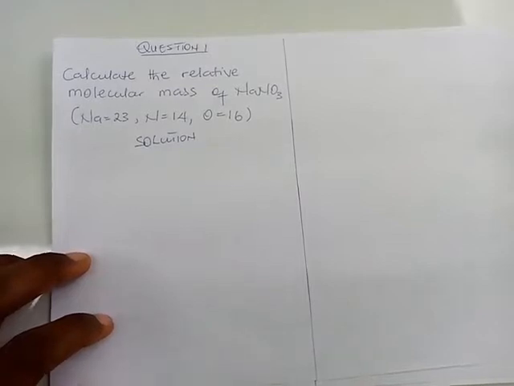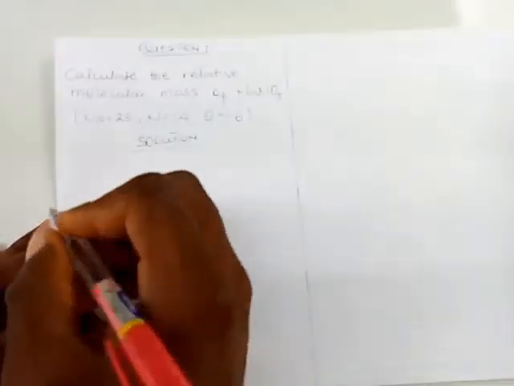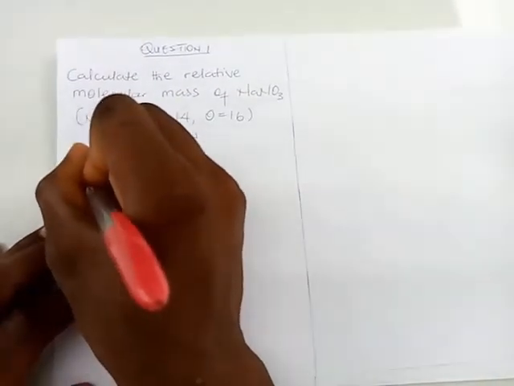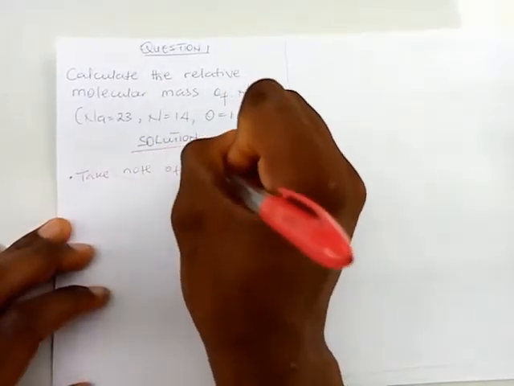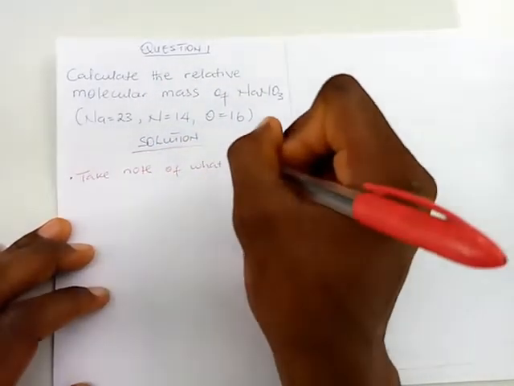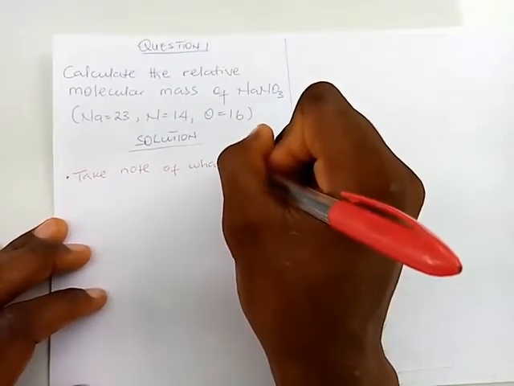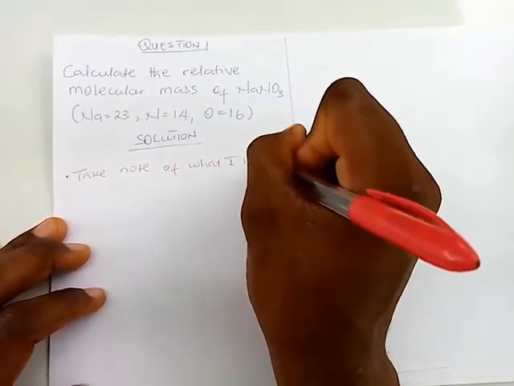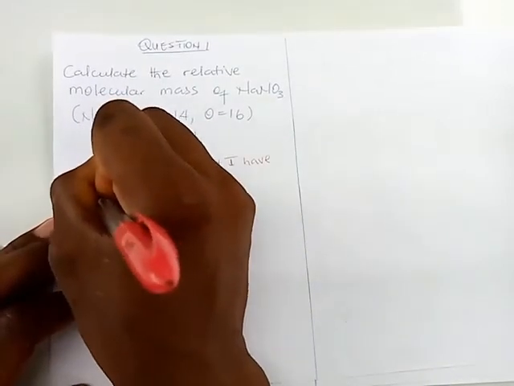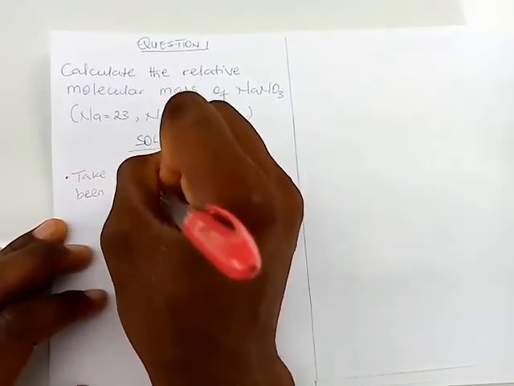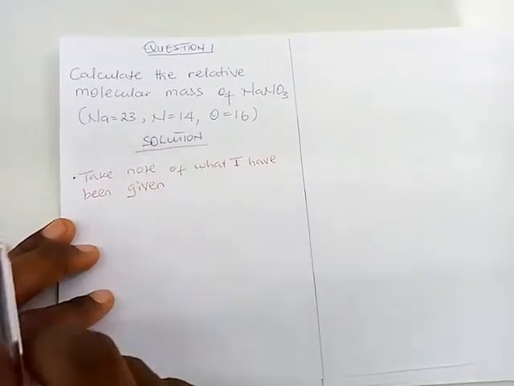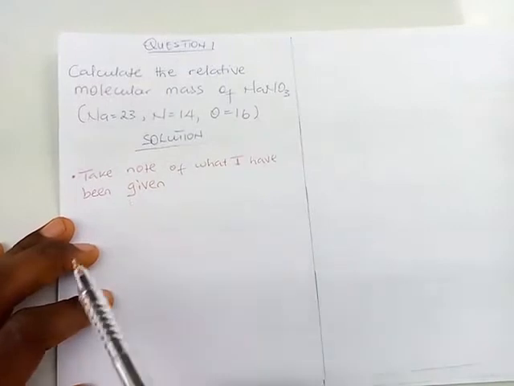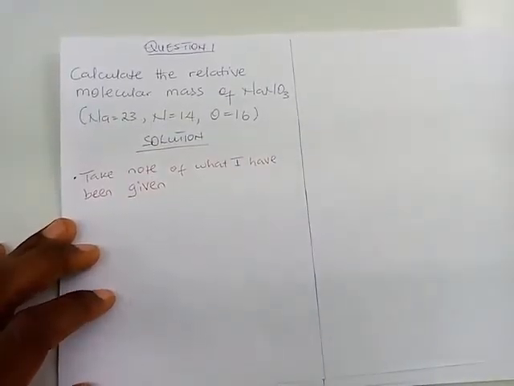I'd like to list out one of the basic steps I take in solving questions. Whenever I'm given a question to solve, one of the things I do is to take note of what I have been given. By that I mean the values or compounds or elements mentioned in the question.